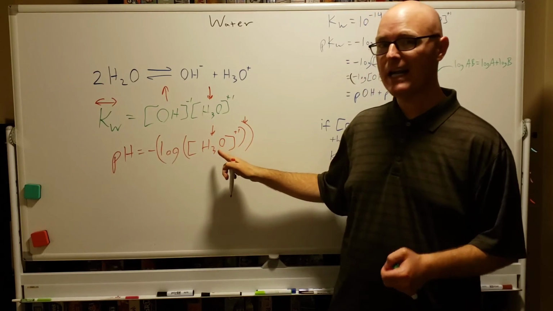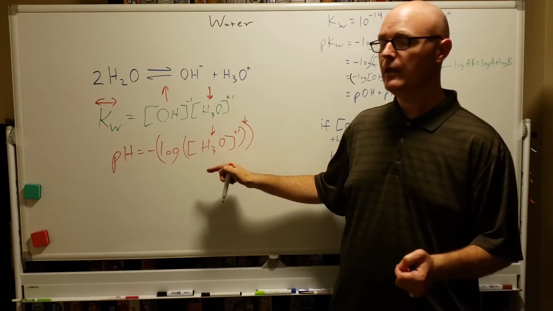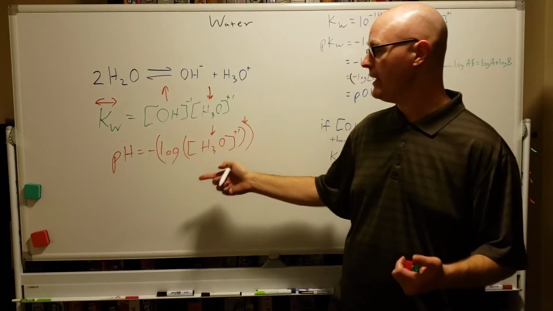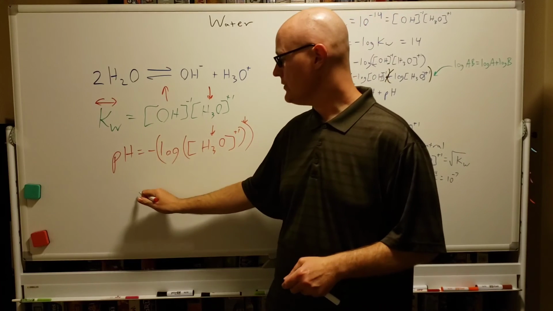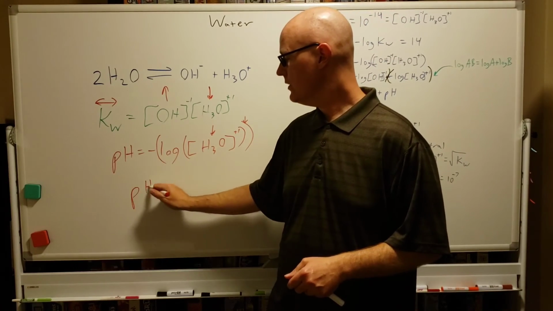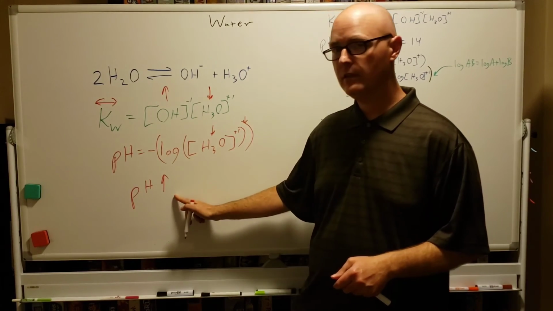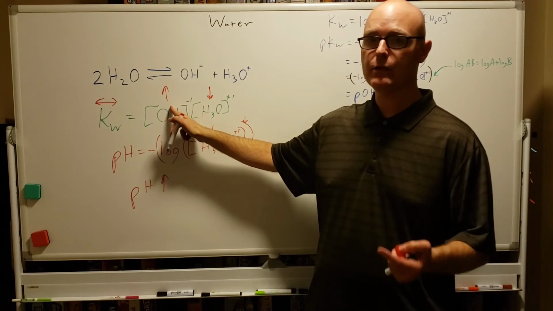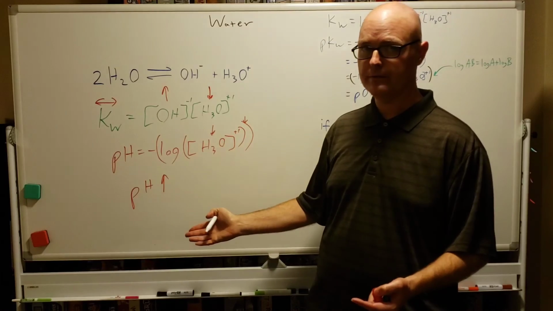It becomes a more negative number. A bigger negative number multiplied by -1 gives me a higher pH. So the pH goes up when I add more hydroxides to the water.